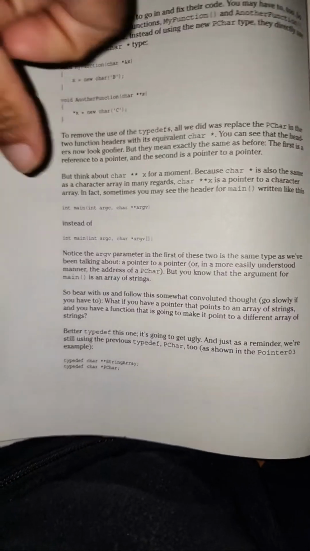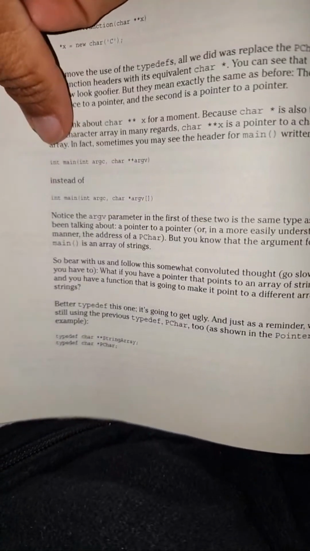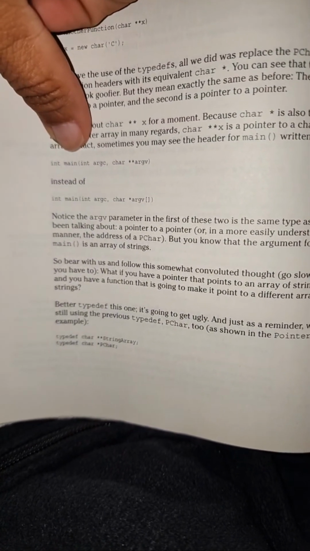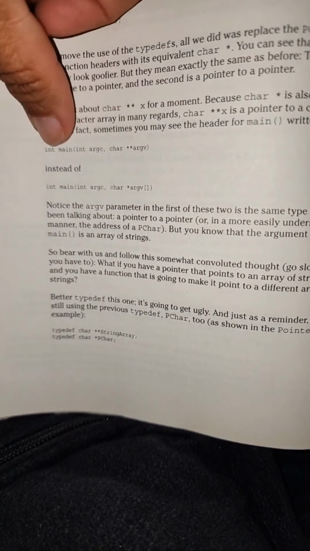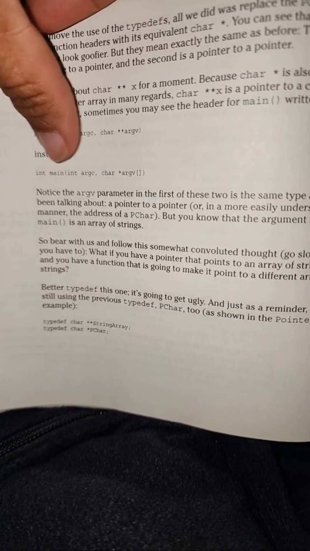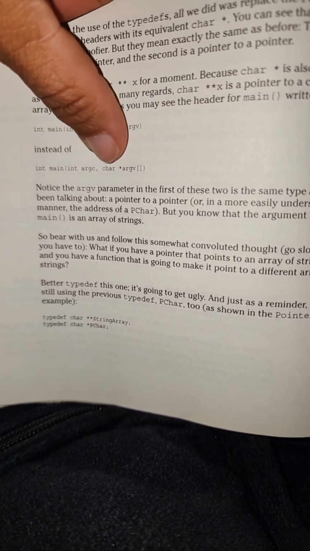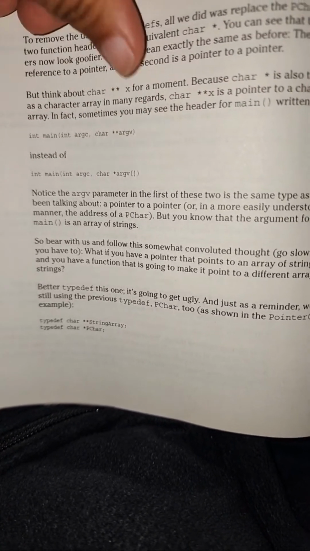In fact, sometimes you may see the header for main written like this: int main int argc char star star argv, instead of int main int argc char star argv with the brackets.